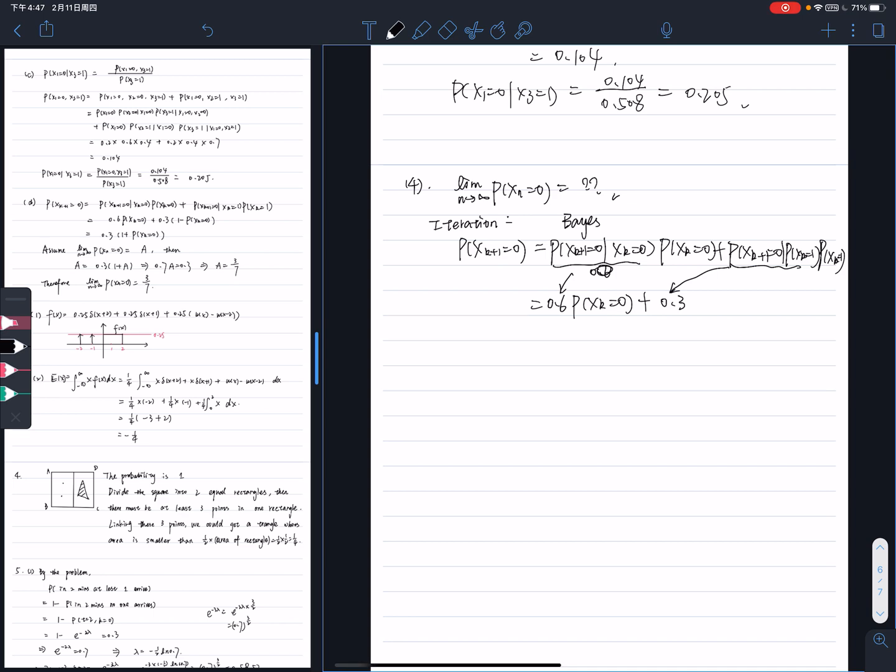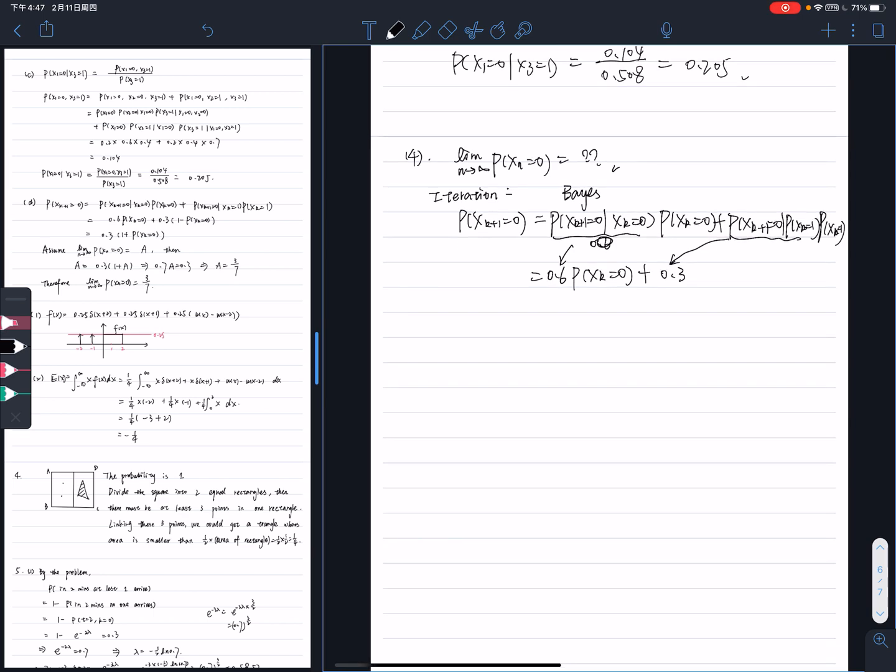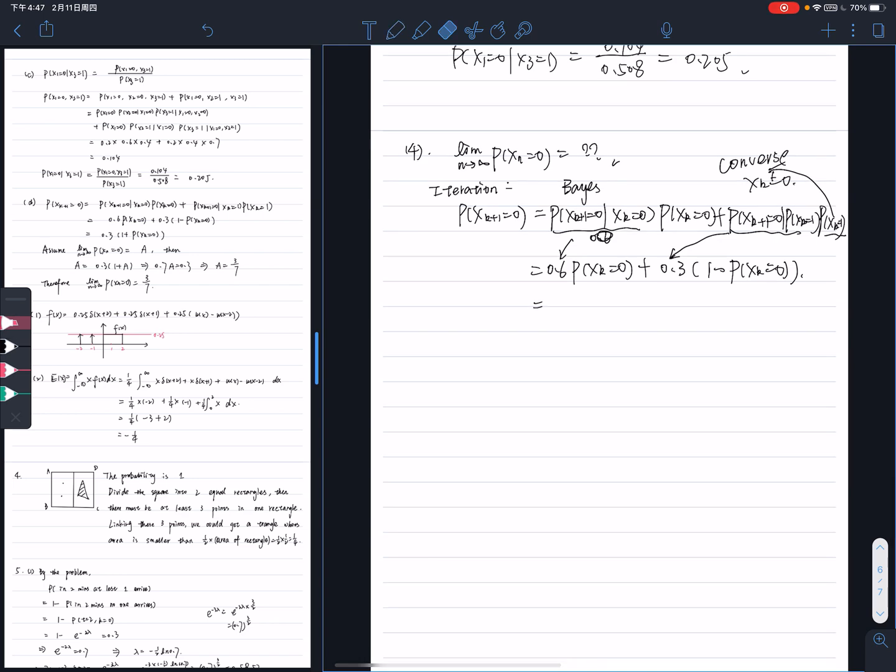Because x_k equals 1 is the converse of x_k equals 0, it is equal to 1 minus the probability of x_k equals 0. Simplifying this formula, we get 0.3 times (1 plus the probability of x_k equals 0).